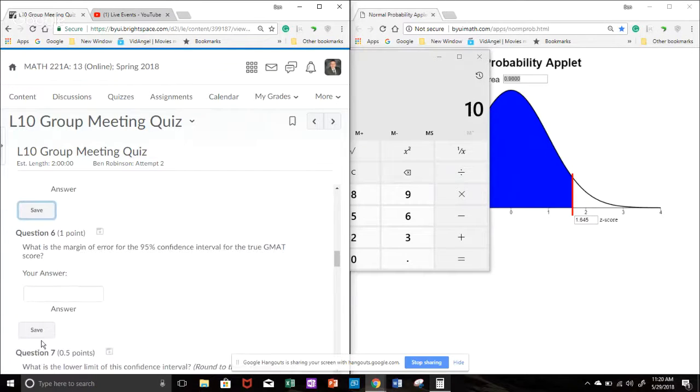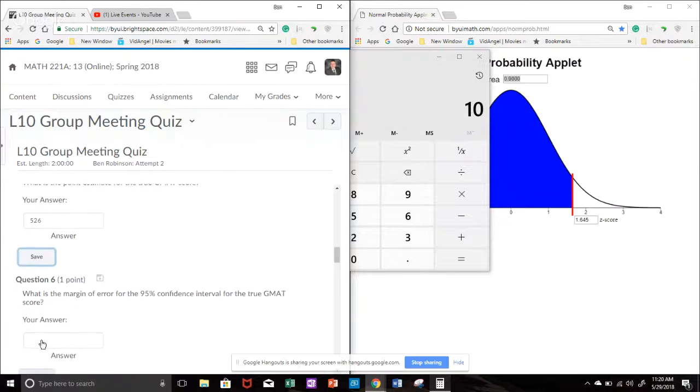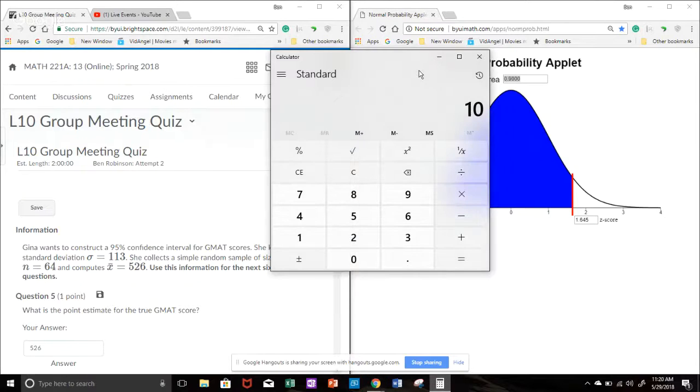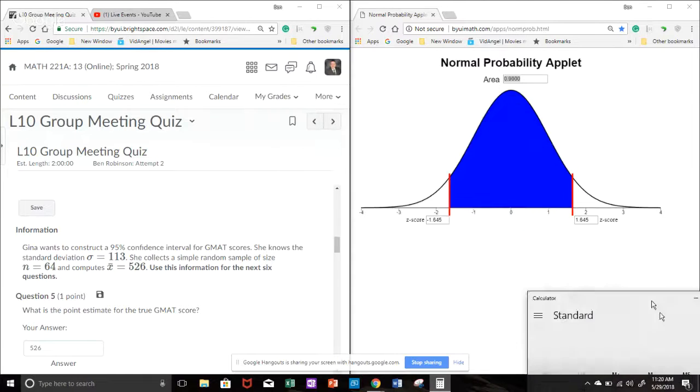Now the following says, what is the margin of error for the 95% confidence interval for the true GMAT score? Okay, we need to find the margin of error, and we know that for 95% it will be 1.96, right?